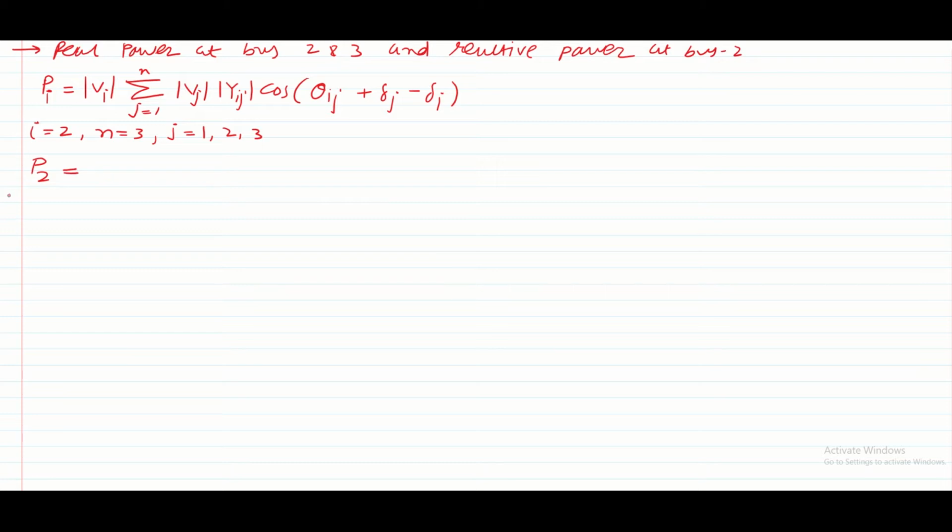P2, meaning active power at bus number 2, equals V2. First I will consider j equal to 1, which is V1 and Y21 (Y12 is the same, but Y21) into cos(theta 21 plus delta j minus delta i).